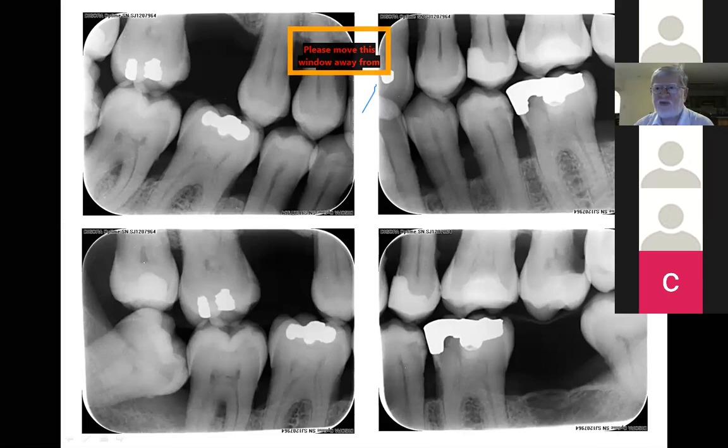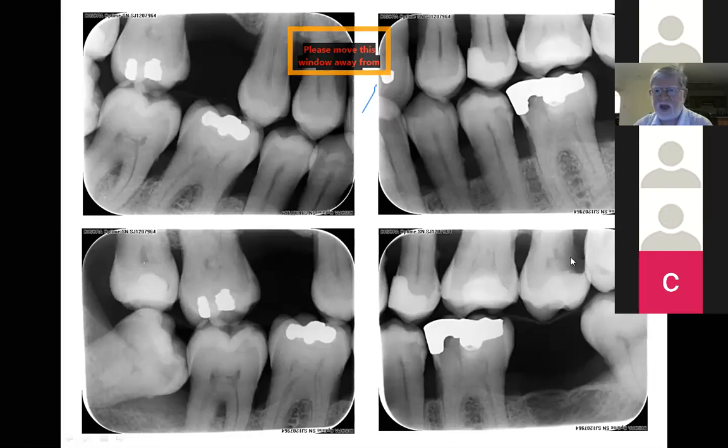So same situation, patient comes in, 2 bite wings. I'm not seeing enough of the 7, so I take another bite wing. Had you not taken the second bite wing, you're missing this massive cavity on the 7. Clinically, if you didn't look, then you've missed it radiographically and clinically. One side of the tooth broken there with a lot of decay there. We're not seeing enough of the 1.7, or 1.8, so we're going further back to pick up the 1.8. And here we can see there's quite a lot of bone loss all across there.